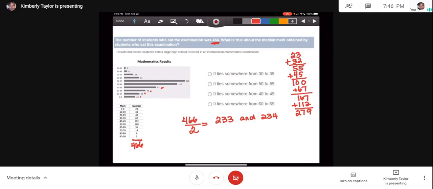So that means that these numbers would lie somewhere in this range. And this range here is going to be 40 through 49. So it lies somewhere from 40 to 49. That is going to be our answer.